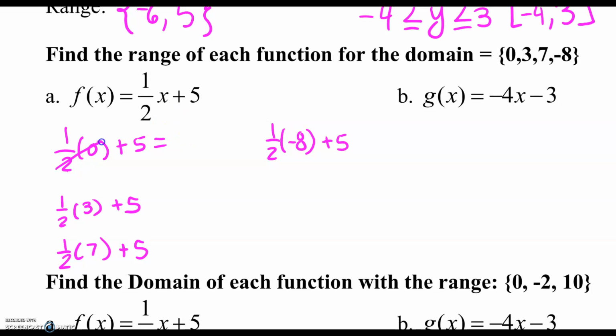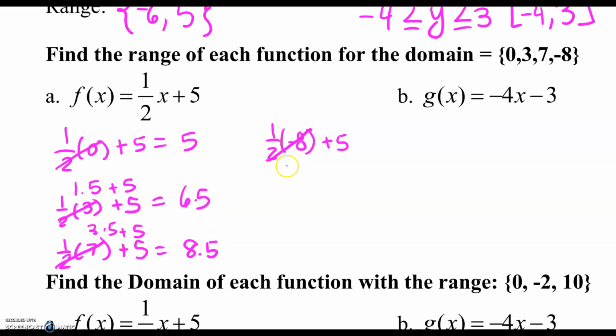This would be 0 plus 5, 5. This is 1.5 plus 5, which is 6.5. Half of 7 is 3.5 plus 5, which is 8.5. And then half of 8 is 4, but it was negative, so -4 plus 5.